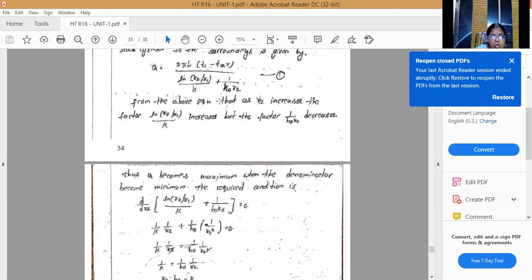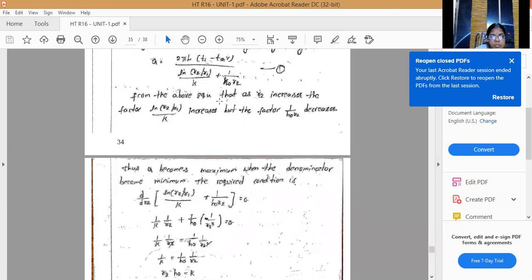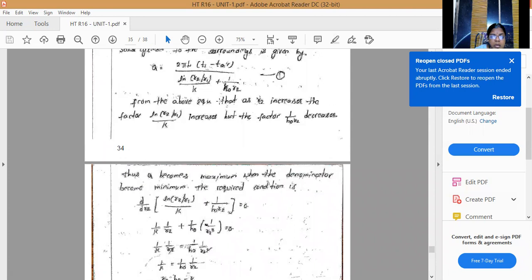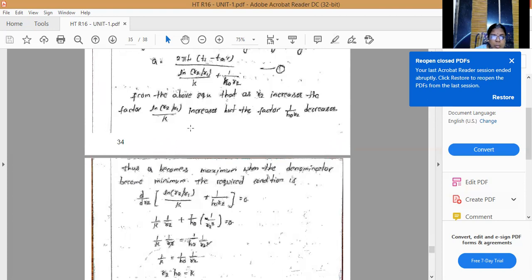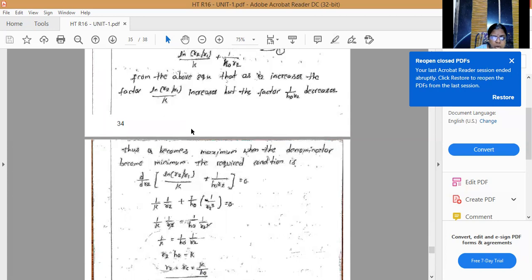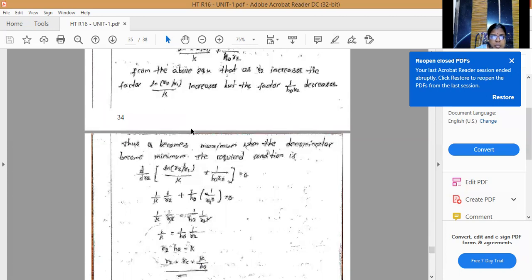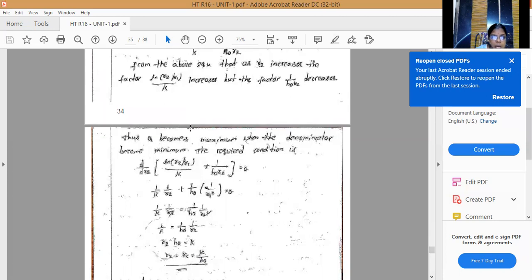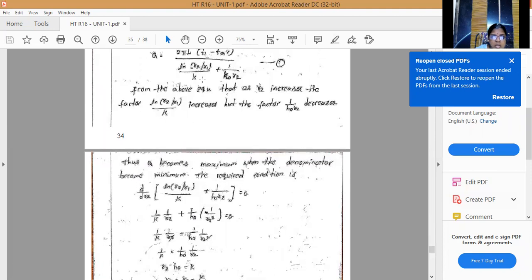So one increases and the other decreases, and finally the total denominator becomes minimum, so the heat rate becomes maximum when the denominator becomes minimum.